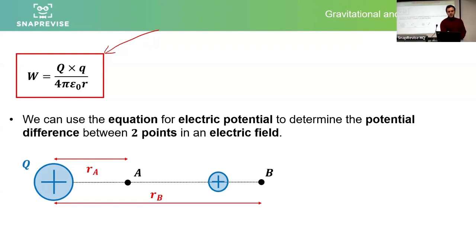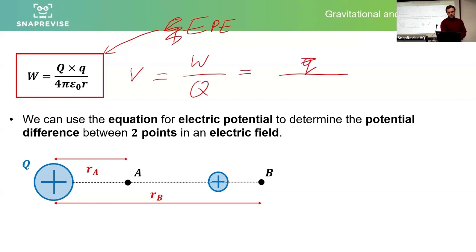If this is the electric potential energy, the work done, then the potential is just the work done per unit charge. So let's get rid of a little q and keep a big Q.